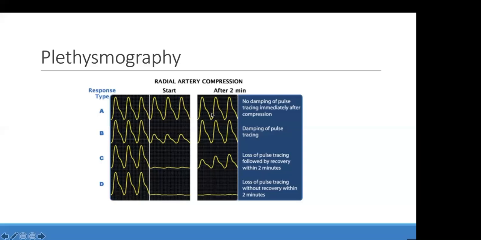If the waveform is unchanged after a good compression of the radial artery, compression that you want to occlude it, not just feeling it, that's type A. If the pulse gets dampened, then this is a type B. If it gets flatter and flatter, C. If it's completely flat at the beginning and after 2 minutes, then it's a type D. They usually say you can access A, B, C, but not D.